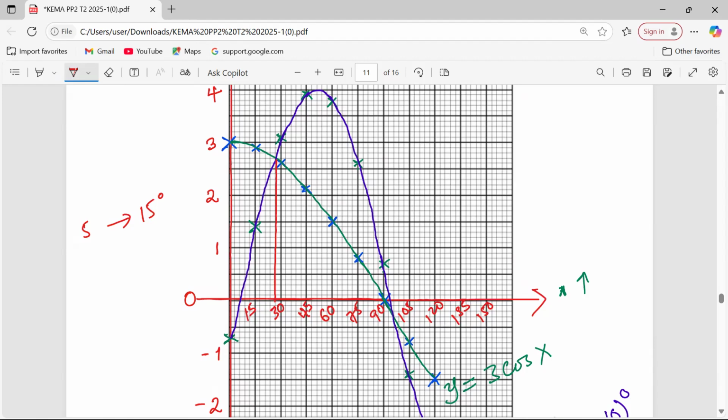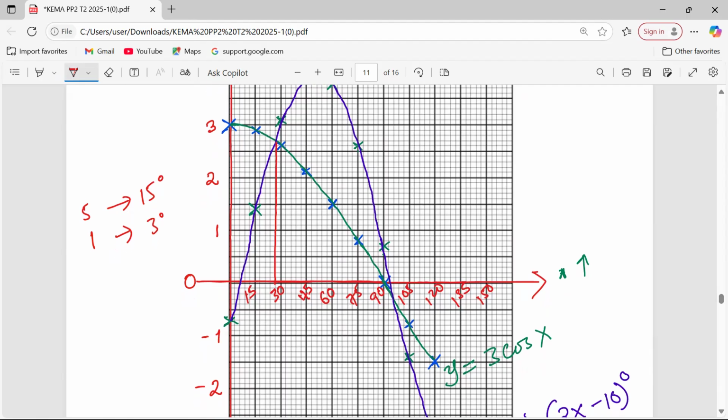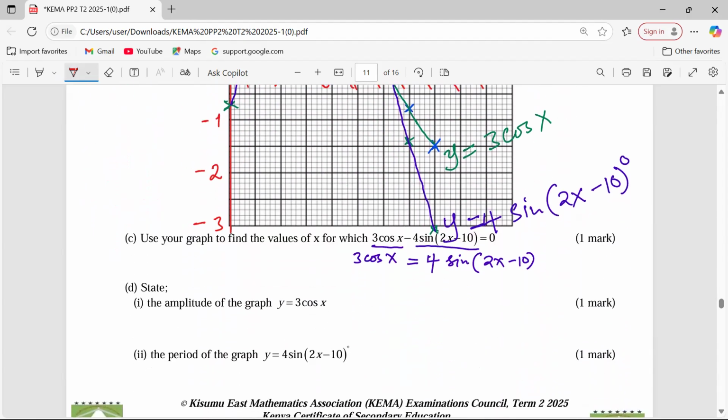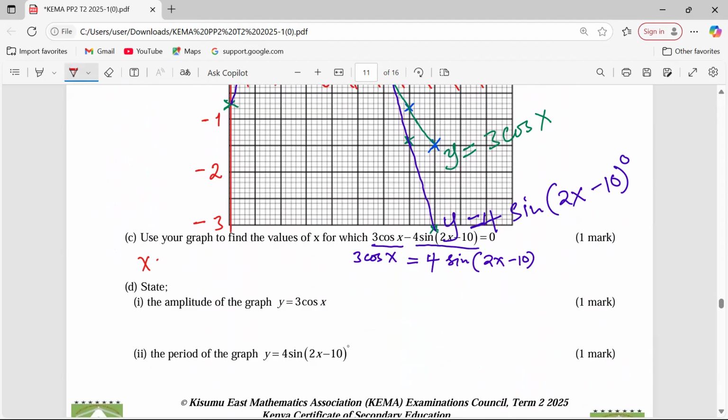What about 1 unit? It shall represent 3 degrees. So if it represents 3 degrees, then we are talking about 27 at that point. So that will be 27 degrees. So the first x equals 27 degrees.